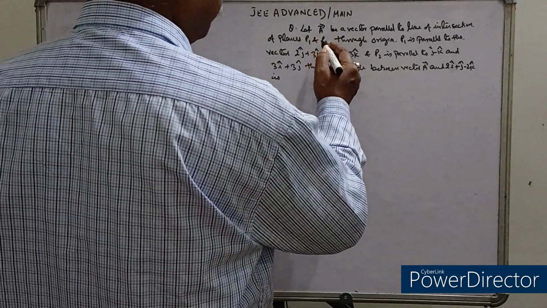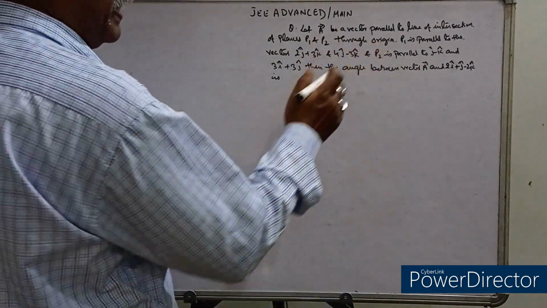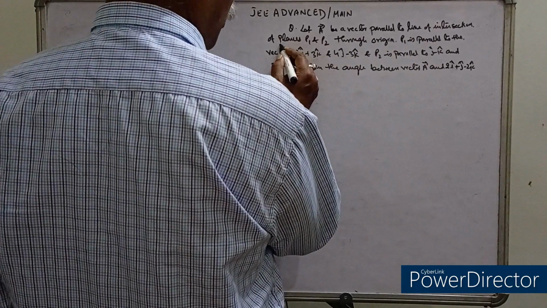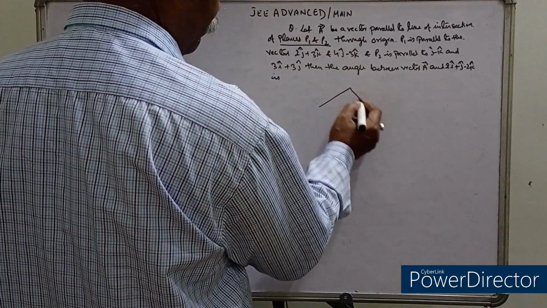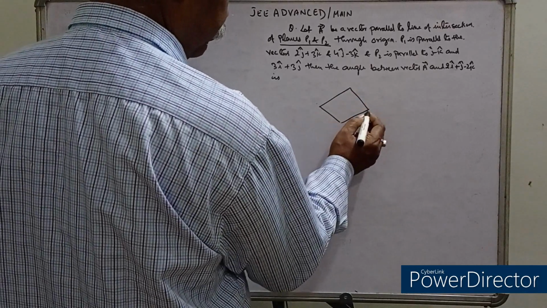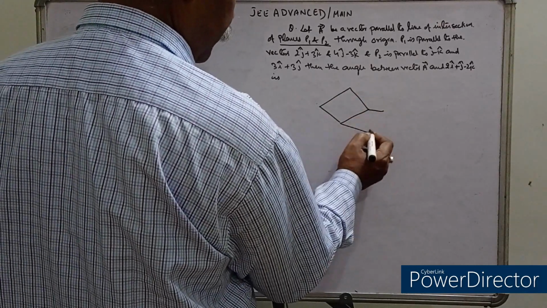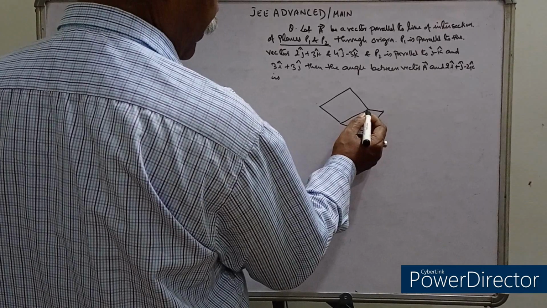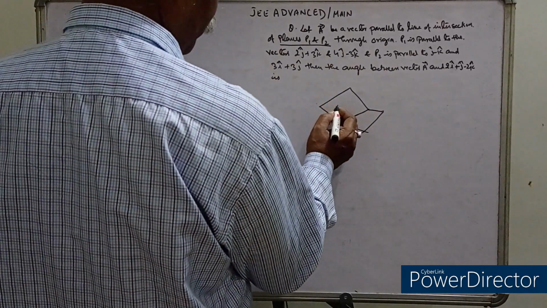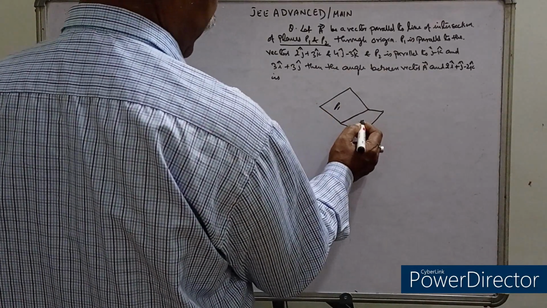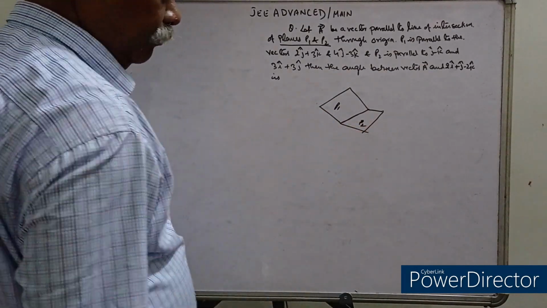Here the question is: let A be a vector parallel to the line of intersection of planes P1 and P2. Means there are two planes, and this is the line of intersection of the two planes P1 and P2.